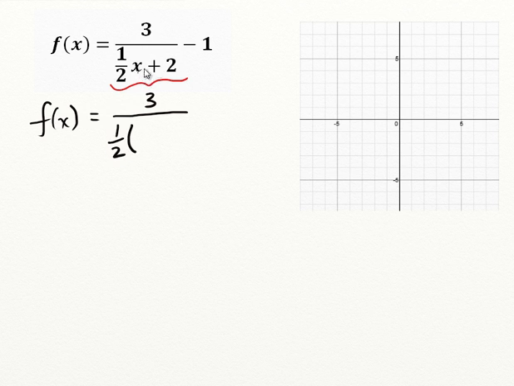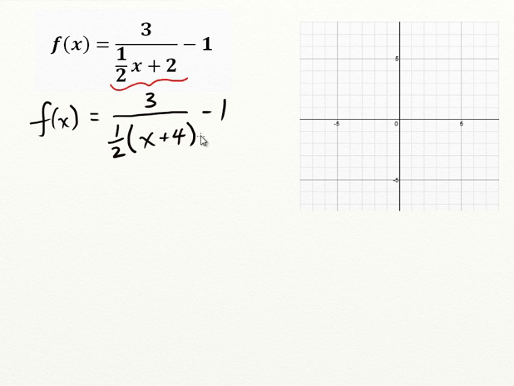So when I factor it out of both terms, because notice that both terms are in the denominator of this rational value, 1/2 factors out and I'm left with x, and then 2, positive 2, divided by 1/2 is positive 4. Okay, still have the negative 1 or the subtract 1 at the end.